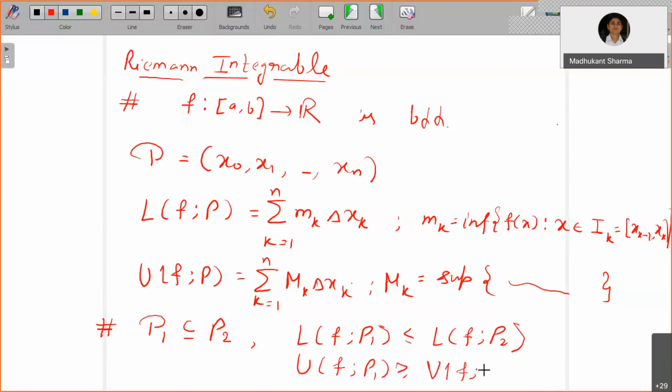For a sequence of refinements of a certain partition, the lower sum is monotonically increasing and the upper sum is monotonically decreasing, and both are bounded, so they necessarily converge.